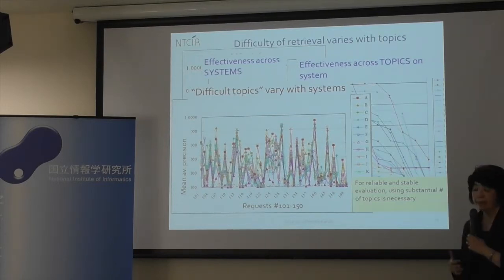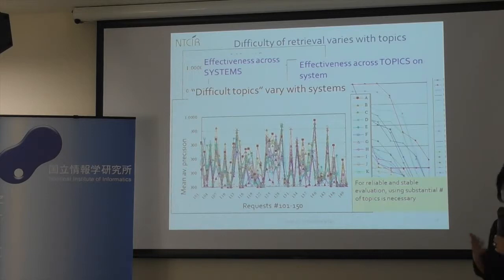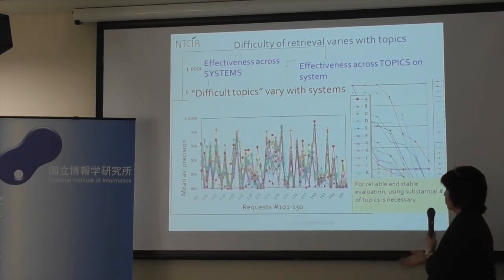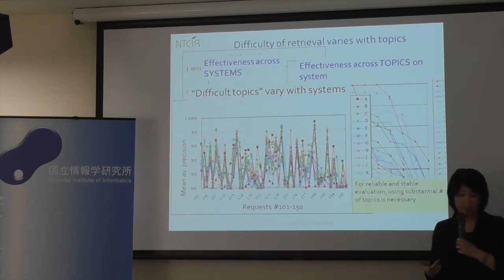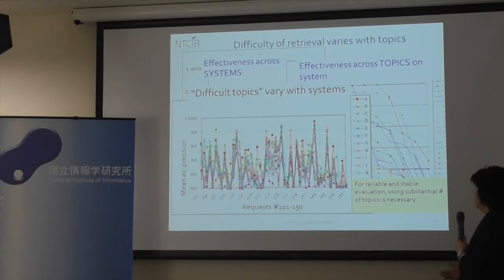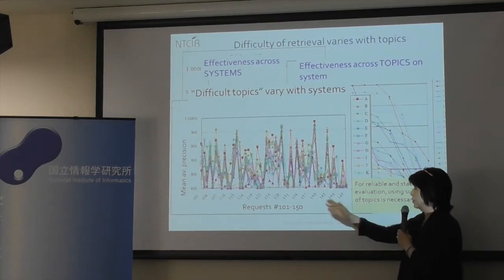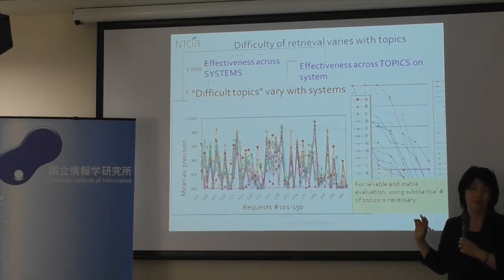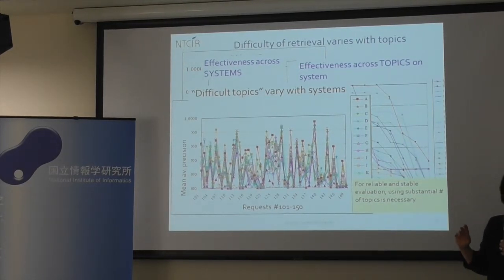Therefore, NTCIR and other evaluation forums try to provide infrastructure, data sets, and test collections usable for experiments and evaluation, keeping the number of topics as large as possible to obtain a reliable evaluation result.